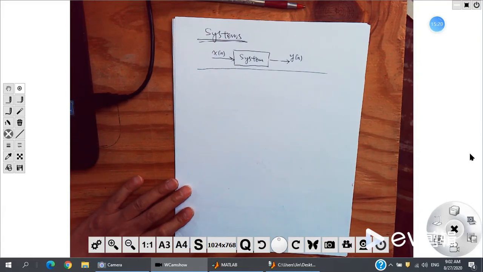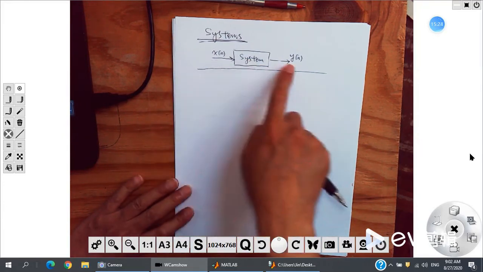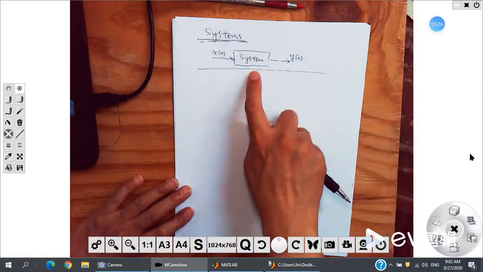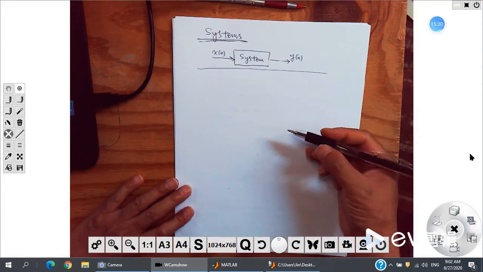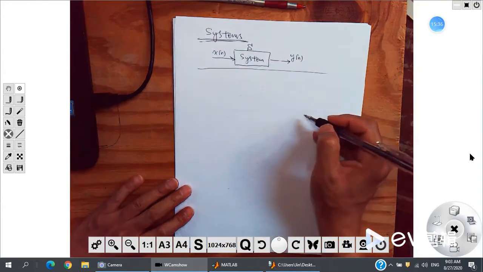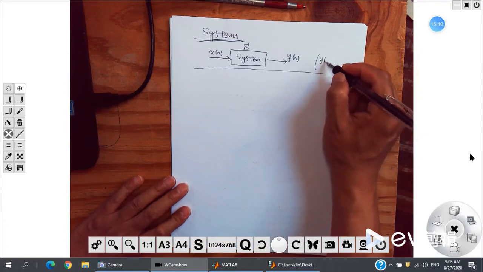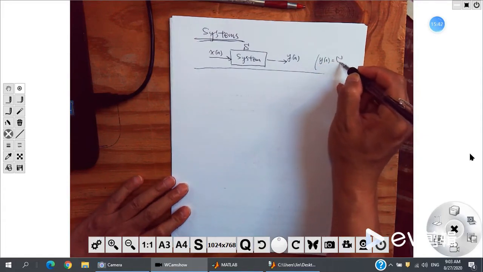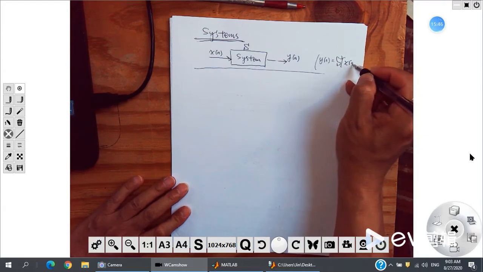But here we just consider the case where the input side and output side are discrete time signals. And usually you can give a name to this system, for example, S for system.